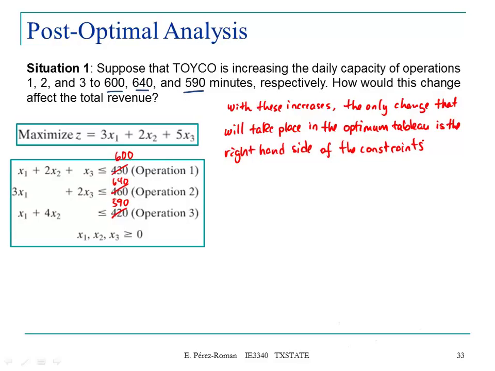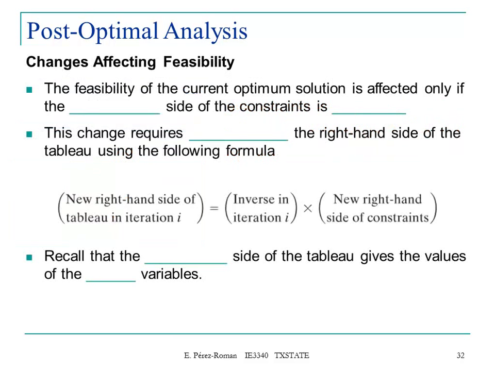So we know that the only change that will take place in the optimal tableau is the right-hand side of the constraints. And we can use this to get the new right-hand side of the tableau for the optimal iteration.